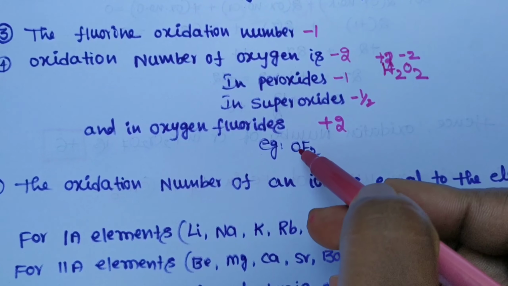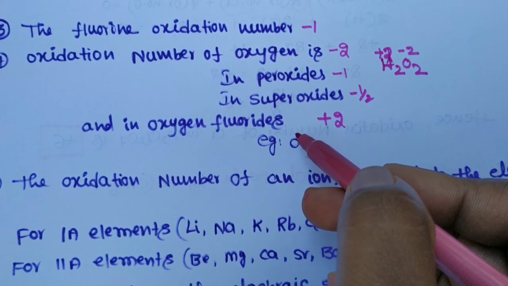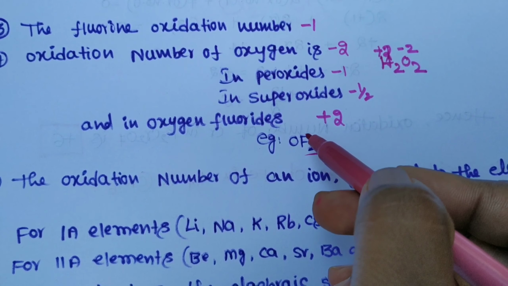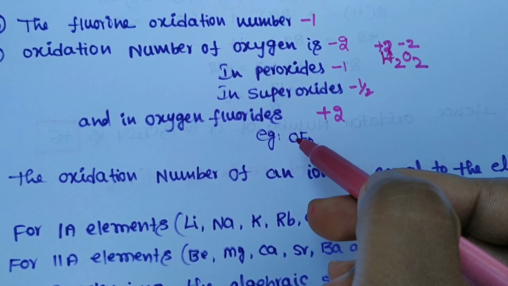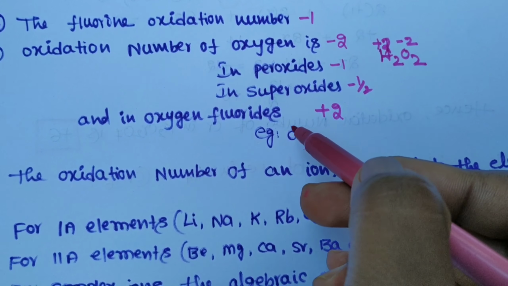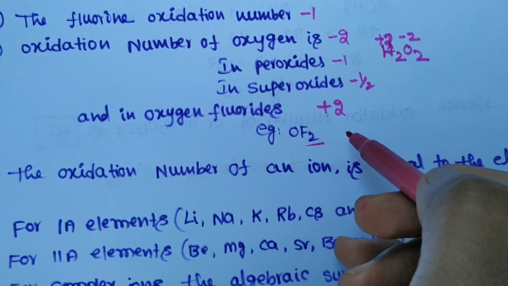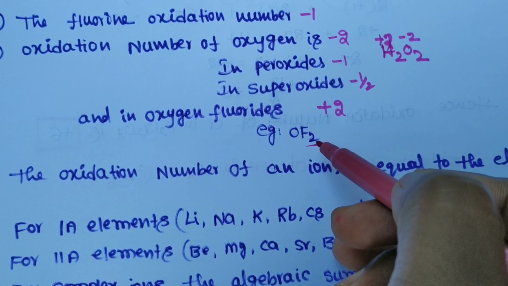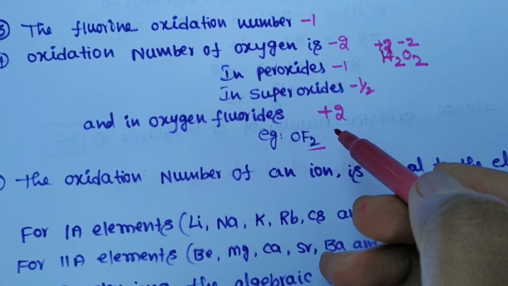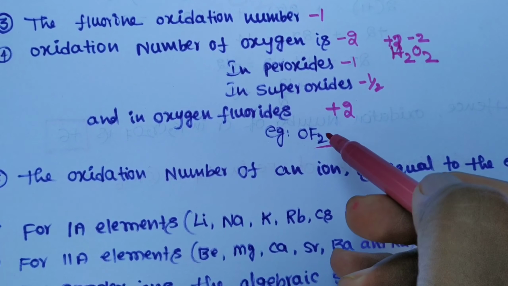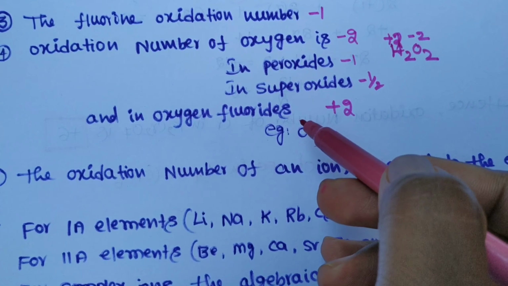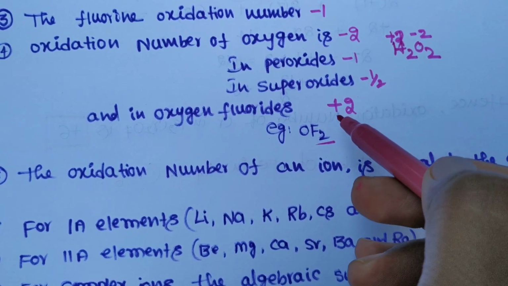In OF2 oxygen oxidation number is -2, then fluorine oxidation number will become +2, then only it will become 0. So both the oxidation numbers get equal to 0 in a neutral molecule. That is also one more rule, it will come. So now in oxygen fluorides oxygen oxidation number is +2.